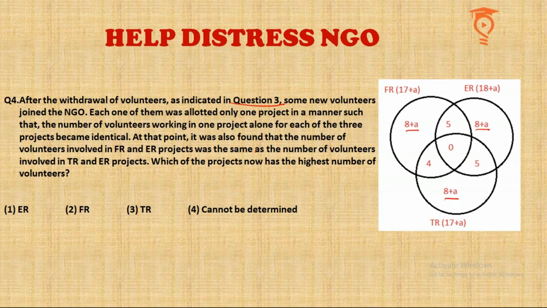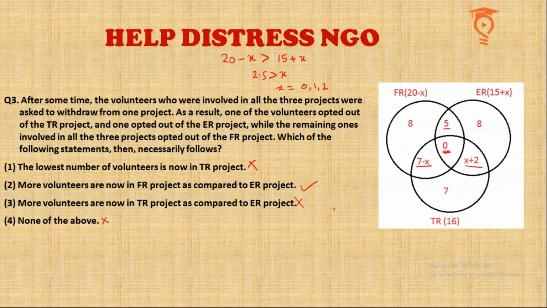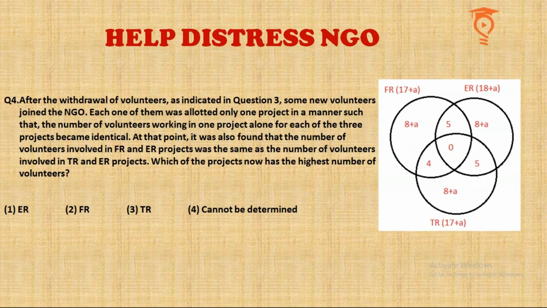Okay, so they wanted that it was also found that the number of volunteers involved in FR and ER project were same. तो ये मैंने सेम बना दिया है और सेम बनाने के लिए क्या प्राइस पे करना पड़ा है. So this was x plus 2. Remember, this was x plus 2.